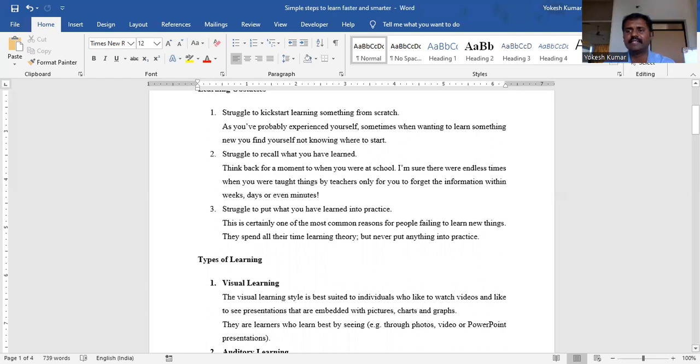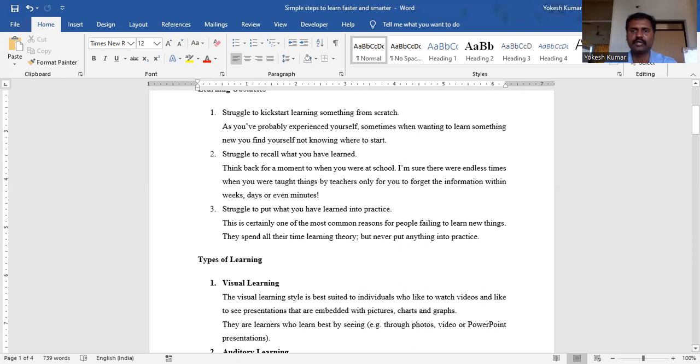So theoretically, we learn many things, but we are not practicing. Probably, if you take any engineering course or any science and arts course, we are all learning many theoretical things. But in practical, if you want to implement all the things, we forget many things that we learned in the theory classes. So these are all the obstacles.